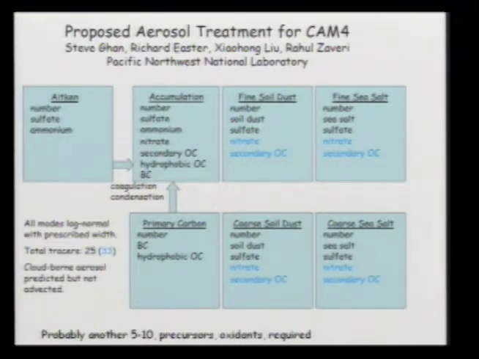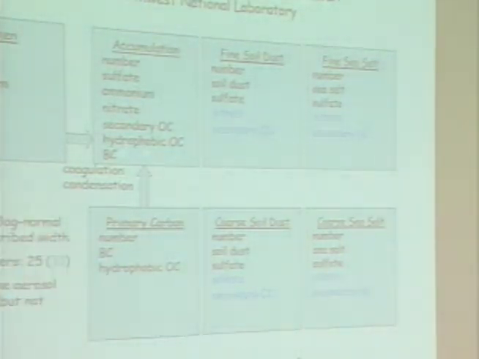And then there are a few bins with very large modes. And in each of them, we carry a number and then can carry different components, which are represented according to certain mixing rules within each of the categories.